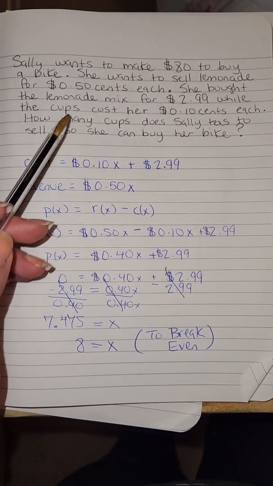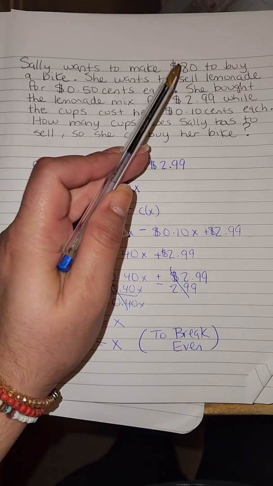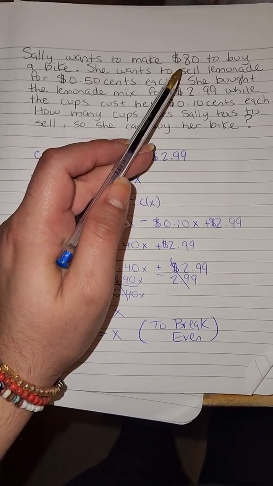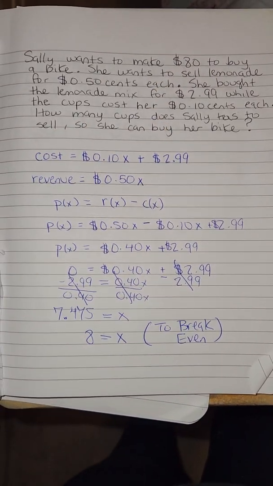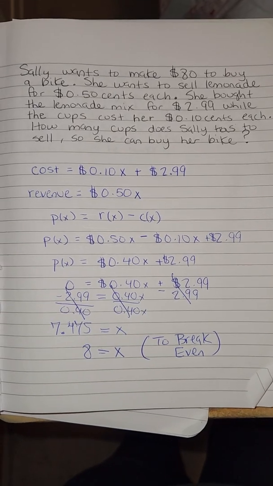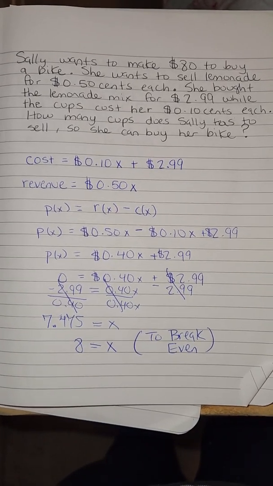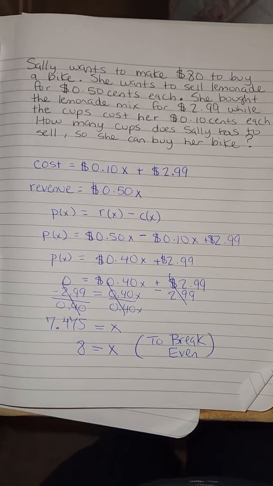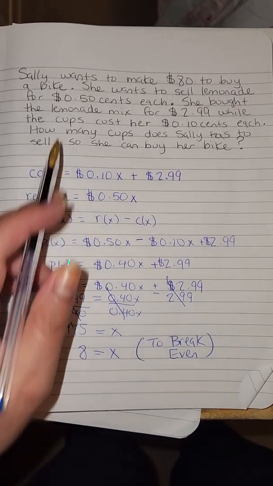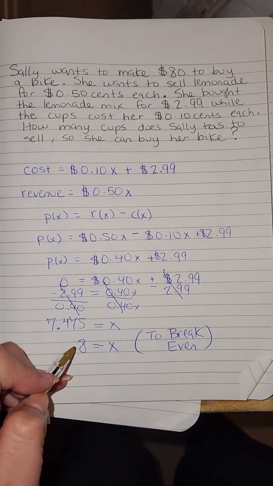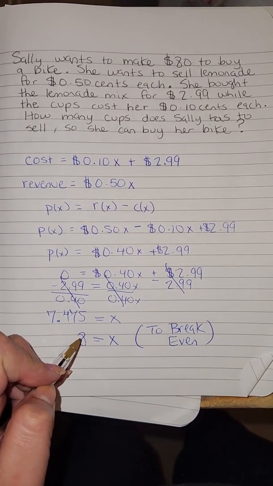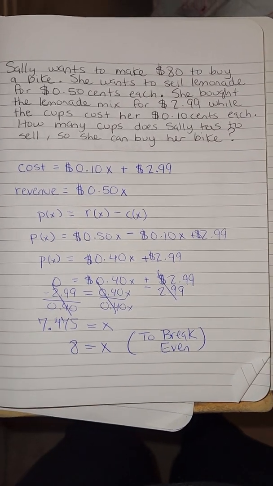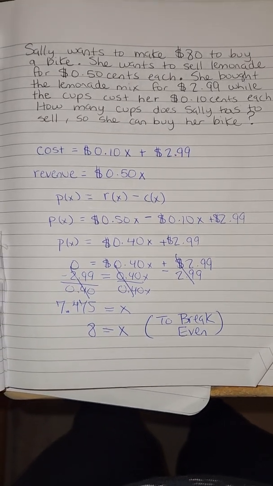But in this case, the profit is $80 here. And we're trying to solve for the amount of cups Sally has to sell in order for her to buy the bike, right? So we're going to set it up a different way. This is not the answer for this problem. This is the answer if they ask you how many cups does Sally have to sell in order to break even.